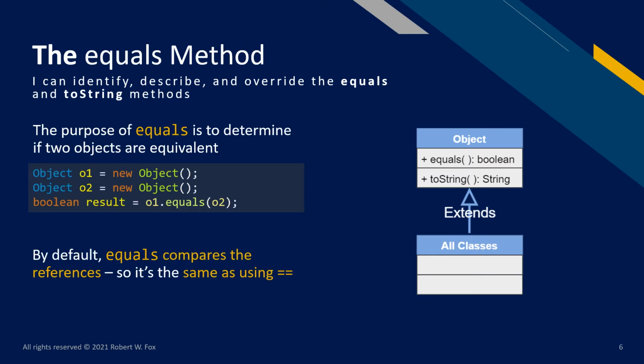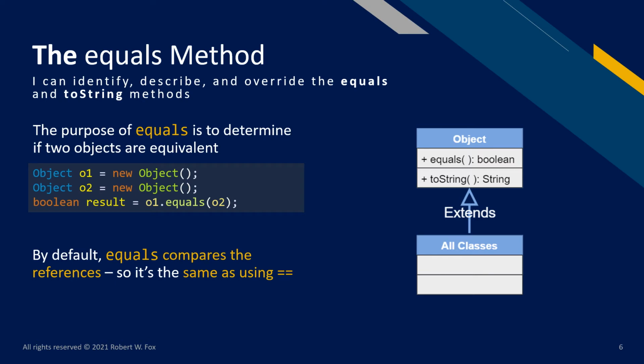You've also seen the equals method before, particularly when we've compared two strings to determine if they contain the same characters. You probably assumed that the equals method was part of the String class, but it's actually not. It's inherited from the Object class. The String class just overrides it to change its behavior. But let's see how it works by default.